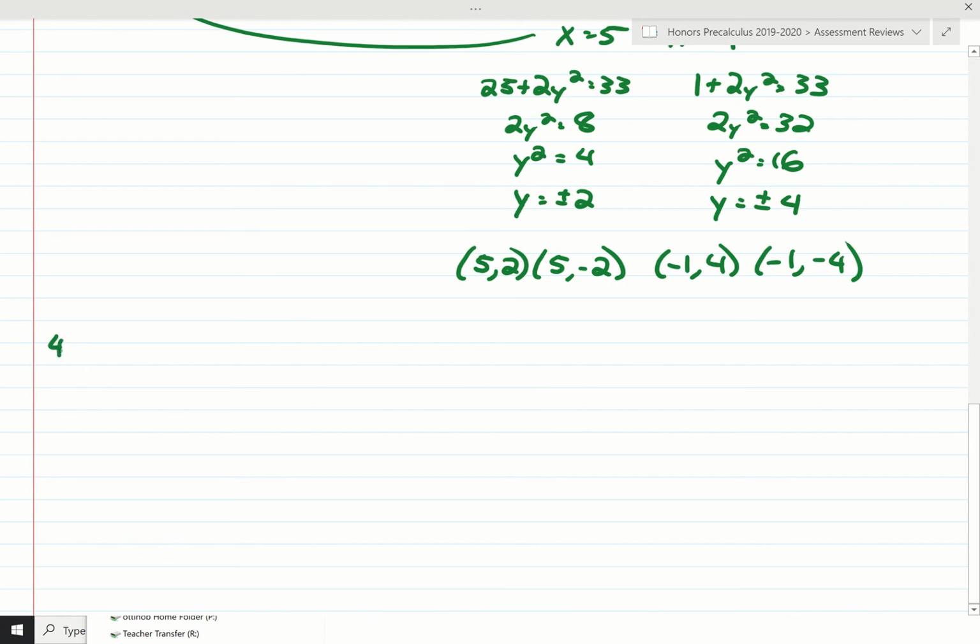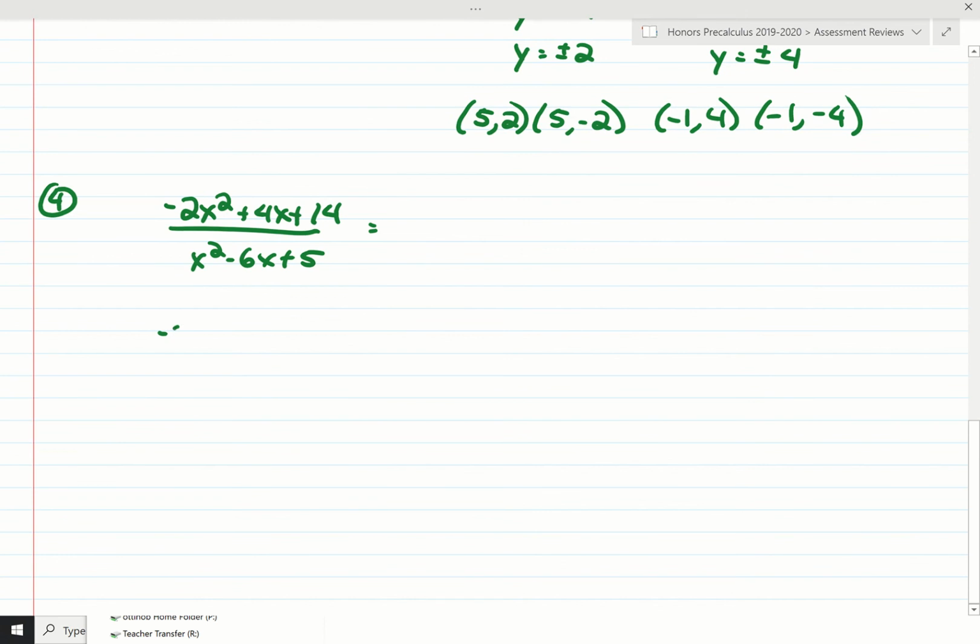All right, our fourth problem, decomposition. We have negative 2x squared plus 4x plus 14 over x squared minus 6x plus 5. So let's factor the denominator.